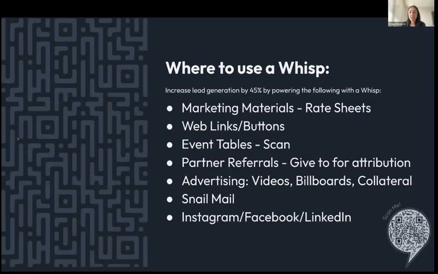Web links and buttons. Anywhere that you have a call to action on your website or that you're using a web link to say, click here to start a refinance or click here for a home buyer guide, whatever the case may be, that can be a Whisp. On event tables. If you have a QR code printed out at something that you're hosting or you're at, you can just make it your Whisp QR code.